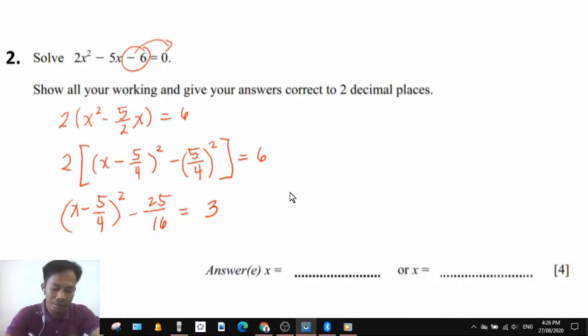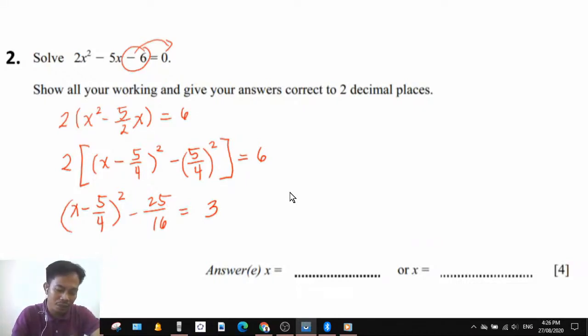Okay, so I have divided the whole equation by 2, and then I try to square 5 and 4. 5 squared is 25, and 4 squared is 16.